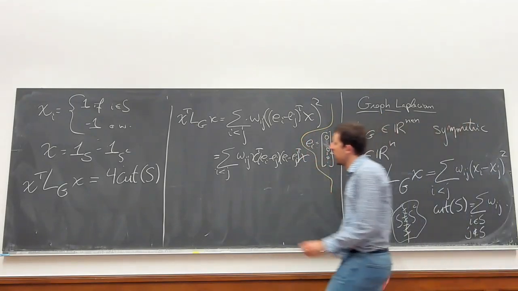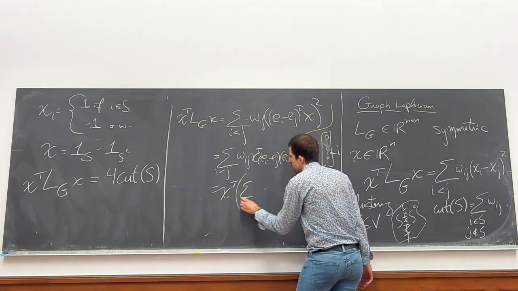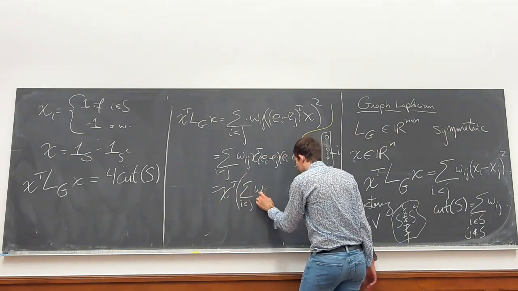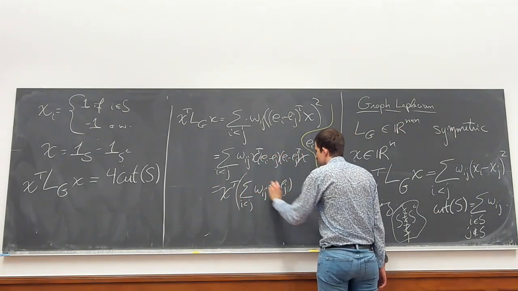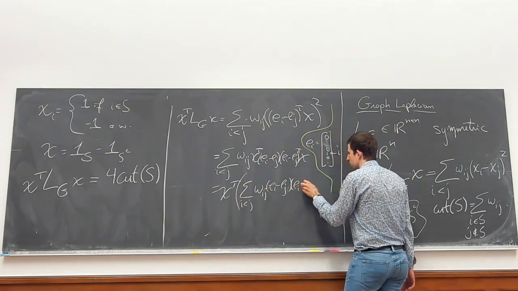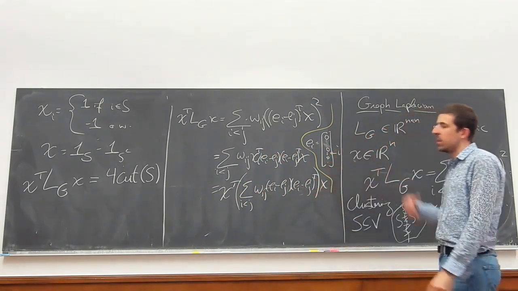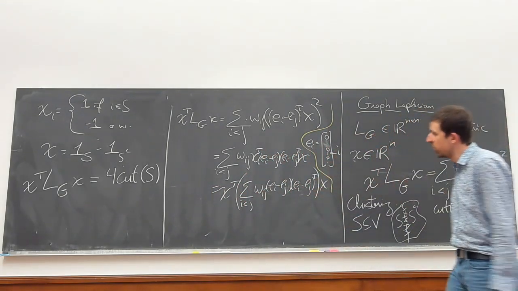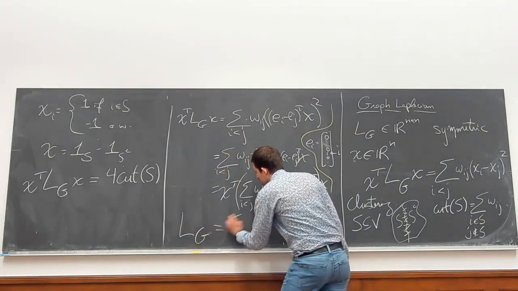Now I can move x to the other side. Right, so basically, this is the Laplacian. The Laplacian is just this matrix, L_G.